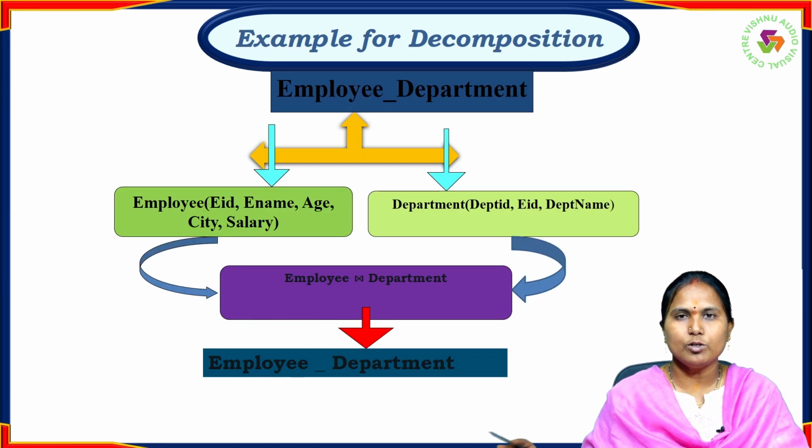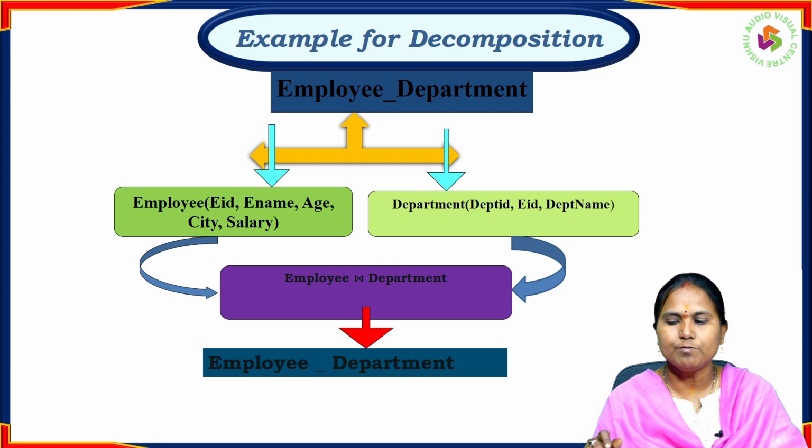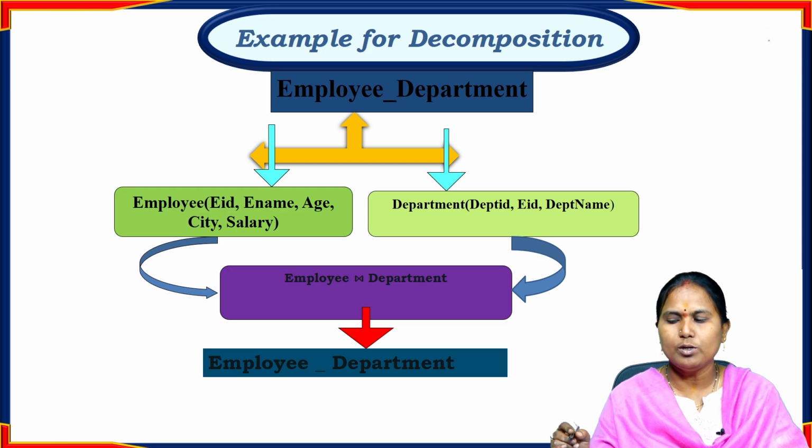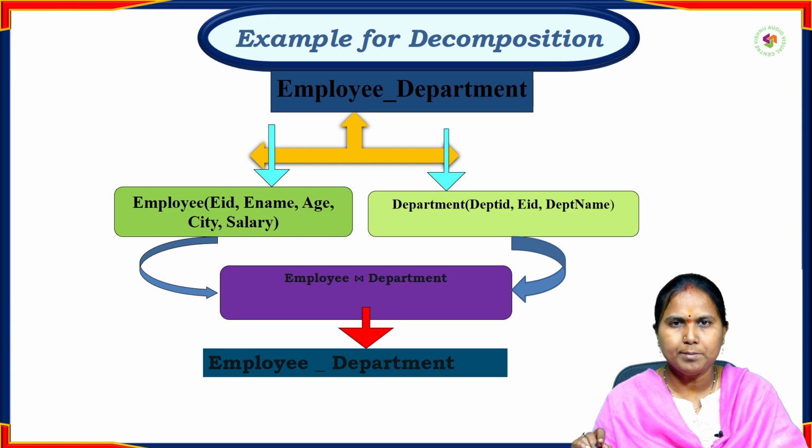See here, one example I am taking for the decomposition technique. Employee department, in this I have considered EID, name, age, city, salary, department ID, department name, and made it as only one table. Okay, suppose I want to insert only department details.